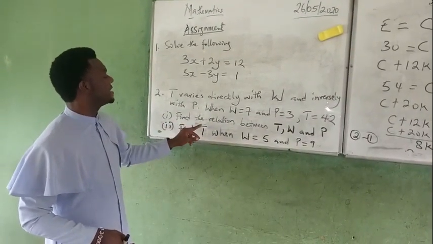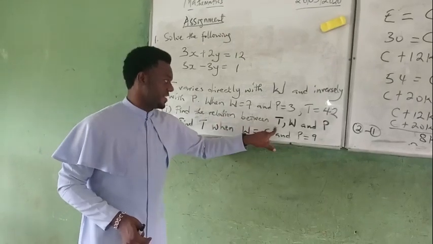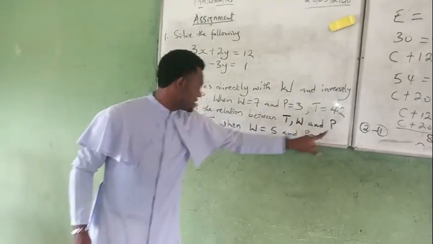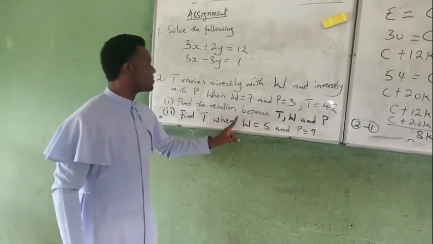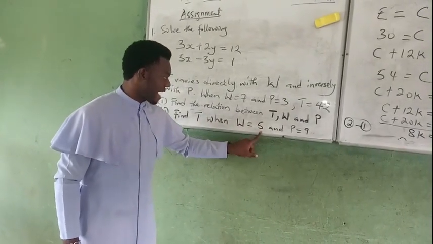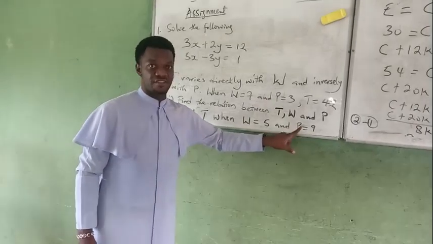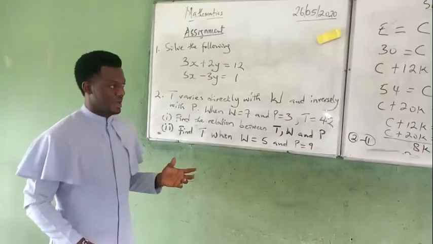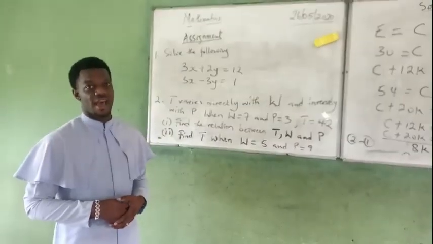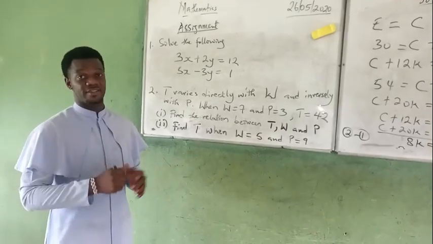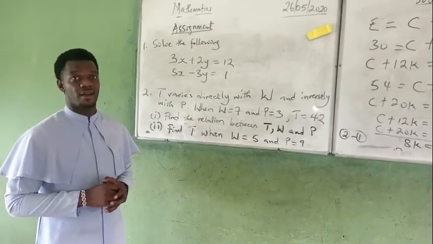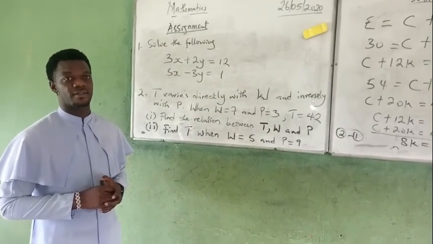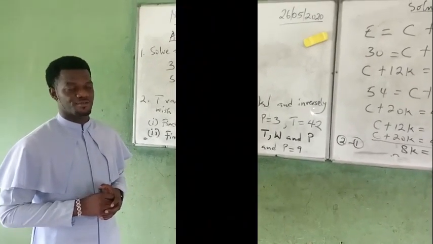Find the relation between T, W, and P. Find T when W is equal to 5 and P is equal to 9. So I would like you to solve this, write it, and send it to my private chat through WhatsApp. Thank you.